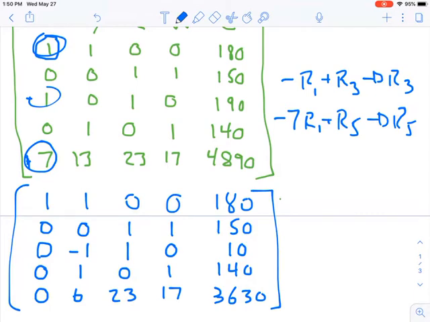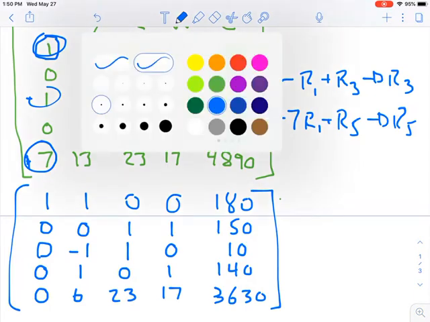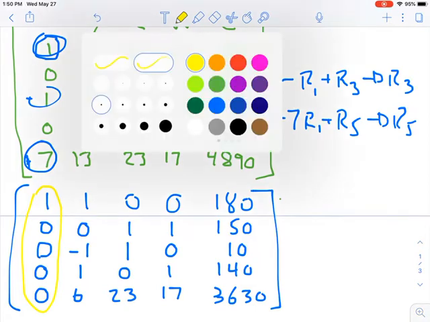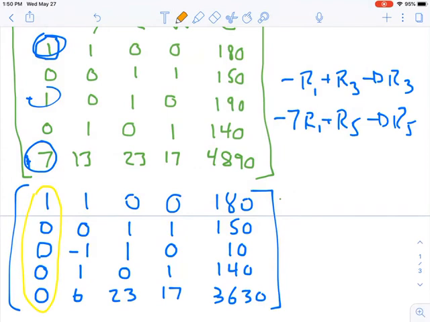And there is my new matrix. Now notice that in the new matrix, just as we want, we have a 1 here with all zeros underneath. That's what we're aiming for. Now what we need to do is get a 1. We need to go down 1 and over 1 to this position.